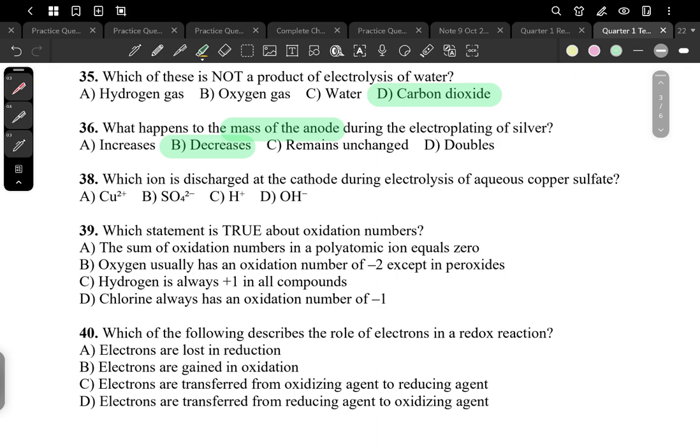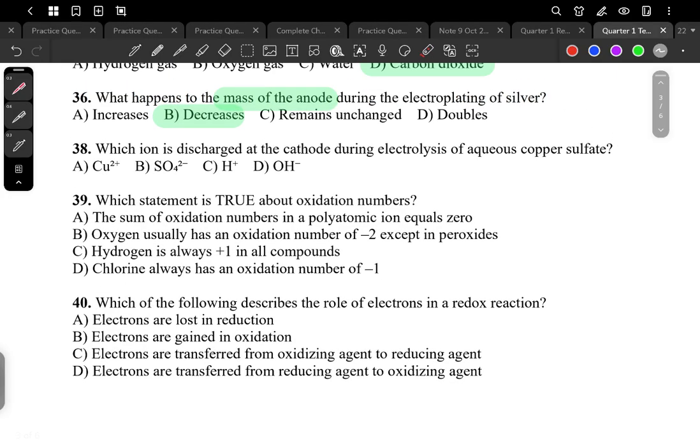This is oxidation. So over time the mass of the anode decreases, while the mass of the cathode increases as the ions deposit there and change into atoms by reduction. So in electroplating, always remember that the mass of the anode decreases and the mass of the cathode increases.